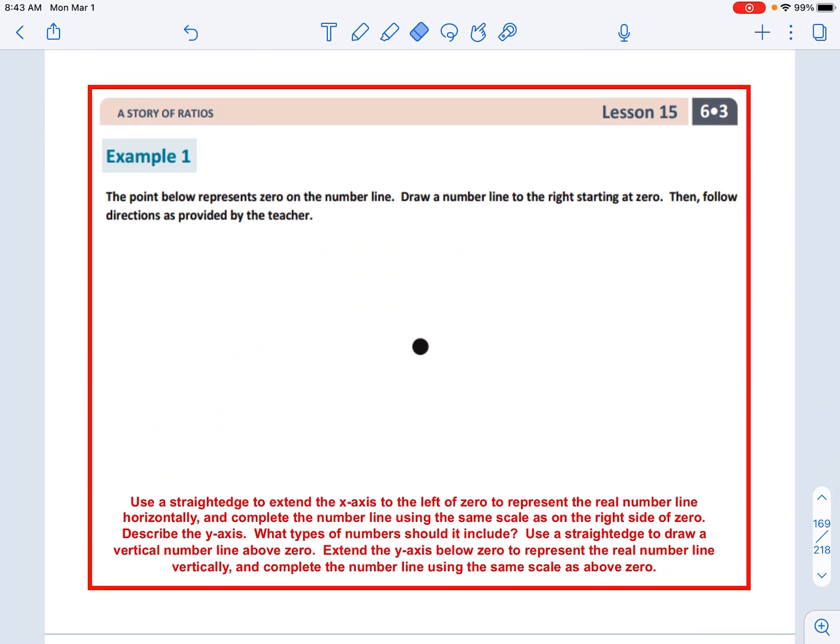Now example 1 says the point below represents 0 on the number line. Draw a number line to the right starting at 0, then follow direction as provided to the teacher. So we're just going to go ahead and make our own coordinate plane real quick. I'm going to start with 1, 2, 3, 4, -1, -2, -3, and -4.